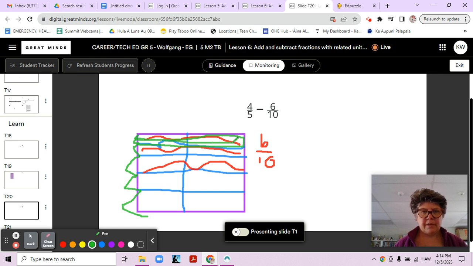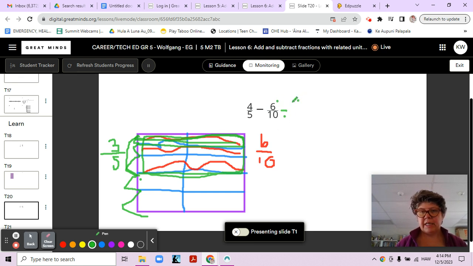There's a fifth. Okay, so how many fifths is the same as 6/10? Hopefully you can see 3. 3 of those going straight across this block without the blue line in the middle. That is 3/5. So 3/5 is equal to 6/10. We could also do it by division, right?